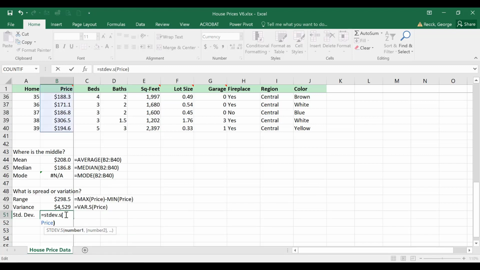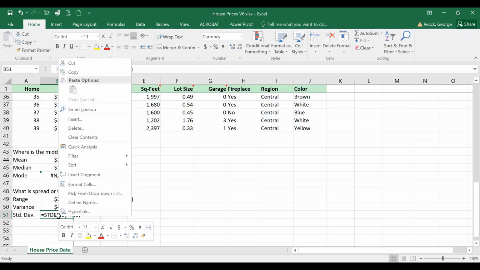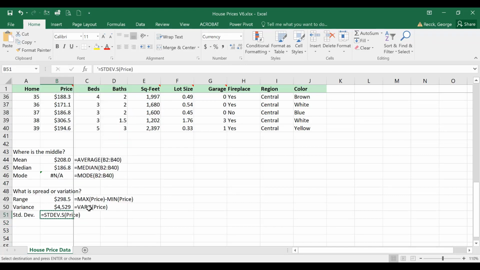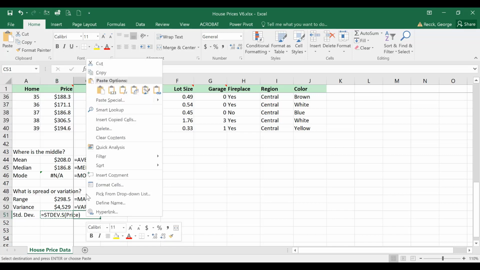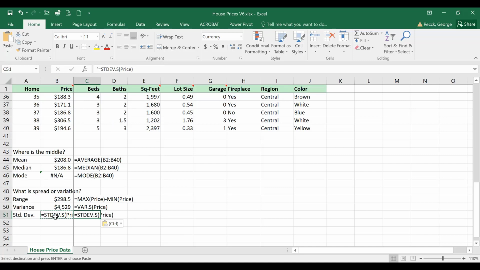Pop in price, hit enter. Now we've got the sample standard deviation. Add a decimal as we've been doing. Copy that formula from B51 to C51. Let's see if I can get rid of the right apostrophe this time.